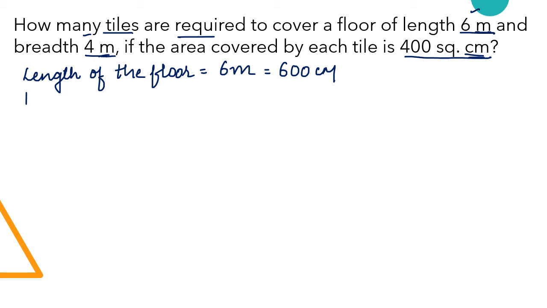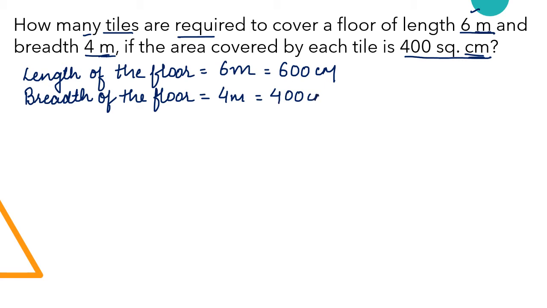Now the breadth of the floor is equal to 4 meter, which is equal to 400 centimeter. Therefore, the area of the floor will be length multiplied by breadth.